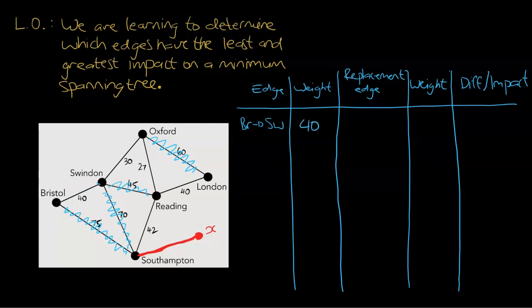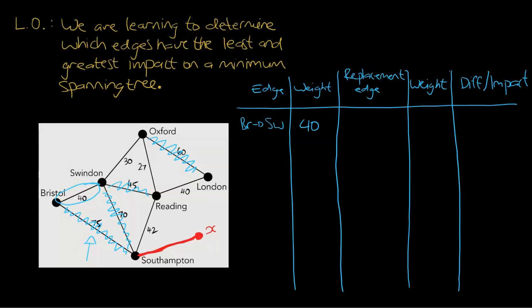So let's say for whatever reason, maybe this edge here was not physically possible to construct. How would I have connected Bristol to the rest of our network? What that forces is that 75 that we crossed out earlier, the only way we can get to Bristol is via that pathway.